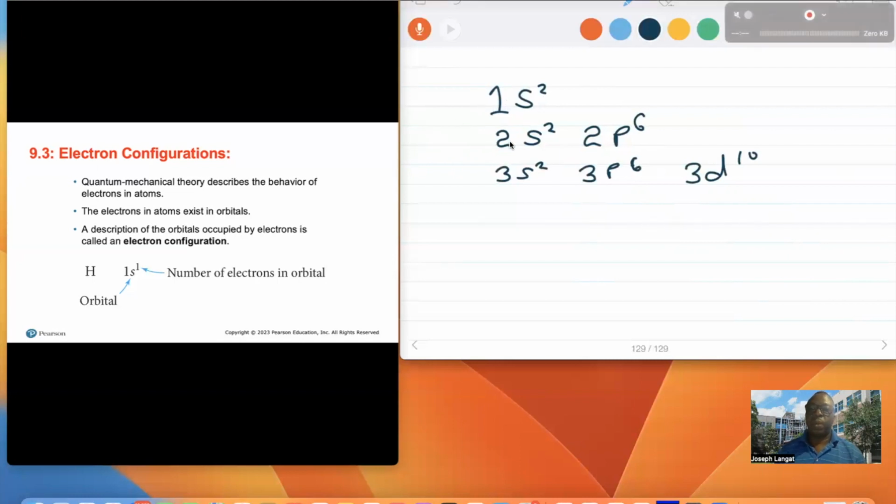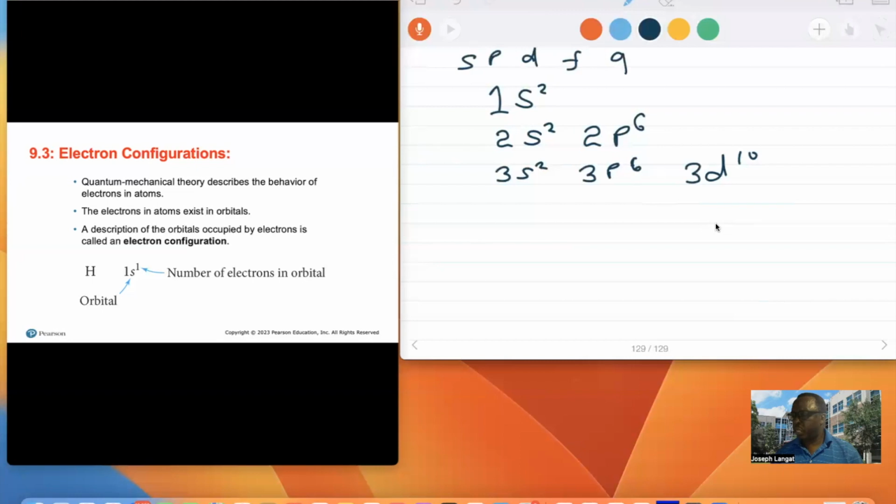This is shell number 1, this is shell number 2, this is shell number 3. Now, before we get to the superscript, this is the sub-label. S sub-label, P sub-label, D sub-label. Remember, there is S, P, D, F, G, H. These are sub-labels.